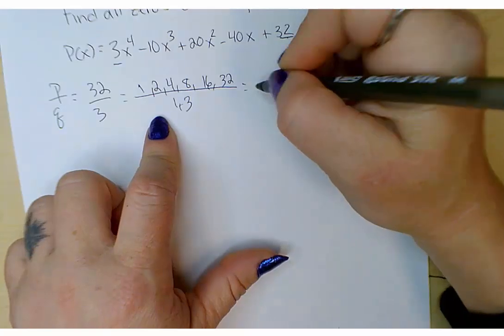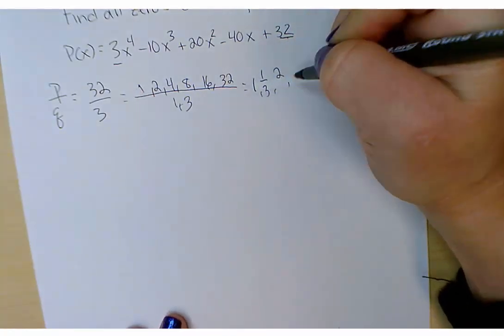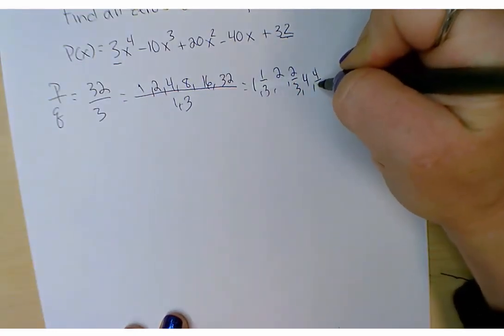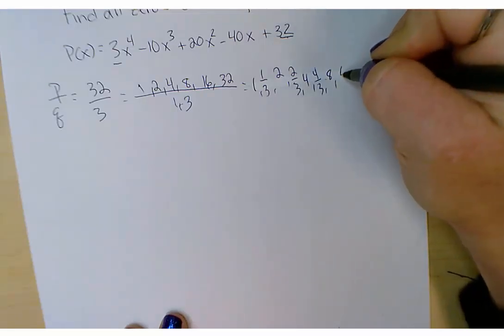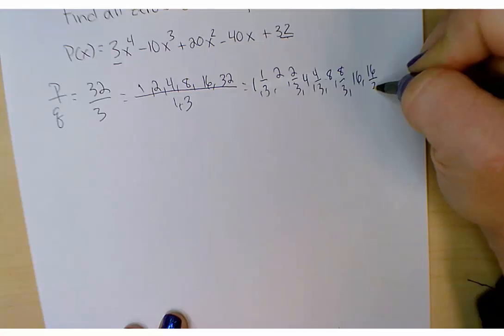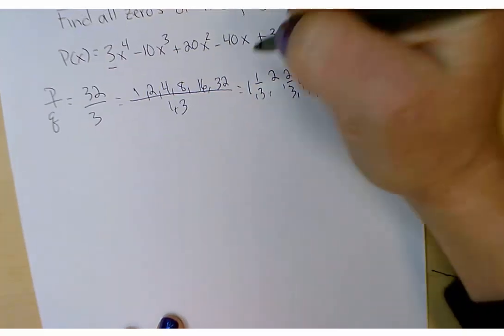So that's going to look like 1 over 1, 1 over 3, 2 over 1, 2 over 3, 4 over 1, 4 over 3, 8 over 1, 8 over 3, 16 over 1, 16 over 3, 32 over 1, 32 over 3.